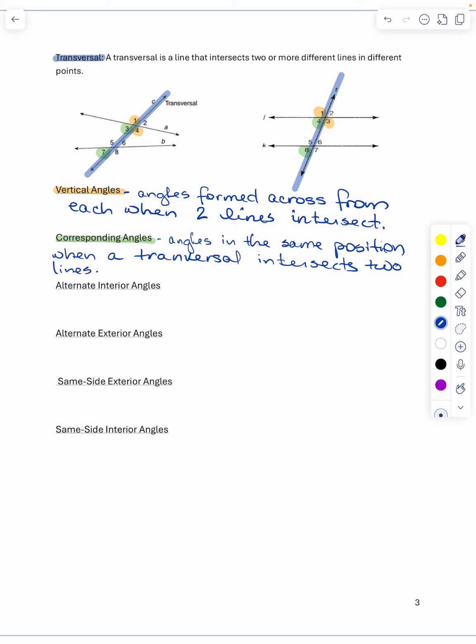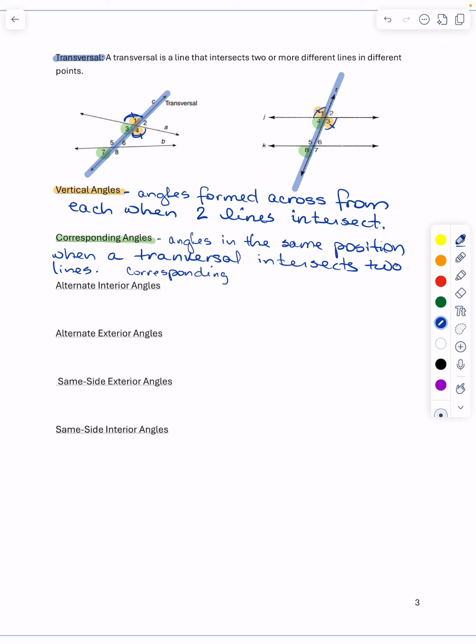Now, back up a second. We know that vertical angles are always congruent. Doesn't matter what's going on with the other lines. When the two lines are parallel, then those angles are the same size.